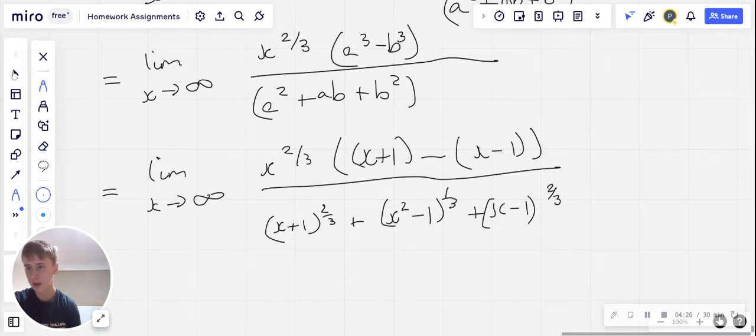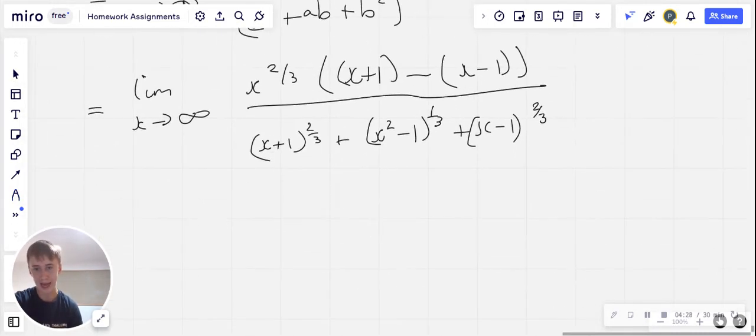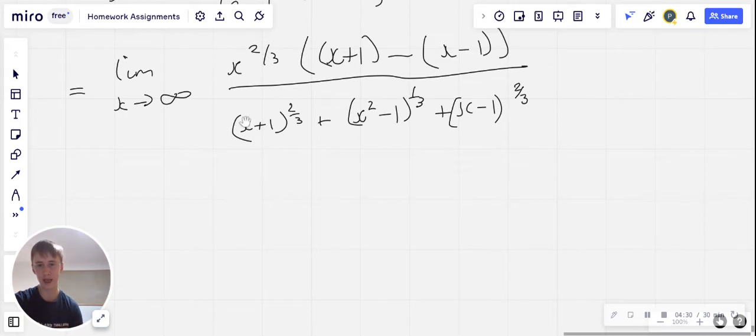Okay, what we have to do next is, if we left it as it is, we've still got infinity over infinity in this section. So what we need to do is get rid of that. We're going to divide the top and the bottom by x to the power 2/3.